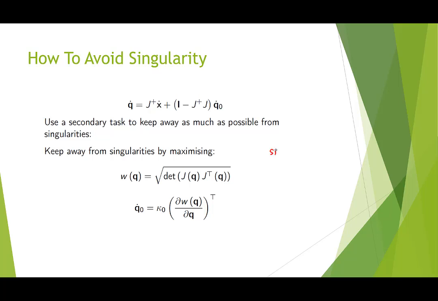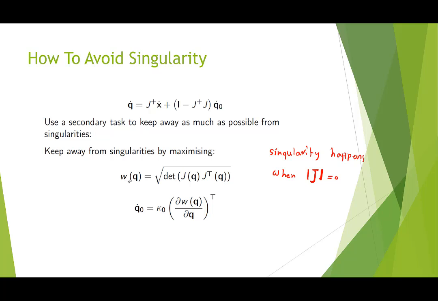If you remember, singularity happens when the determinant of the Jacobian is 0. How about we try to play with q dot 0 to make the determinant not 0, maximize it. That's a good idea to avoid singularity.